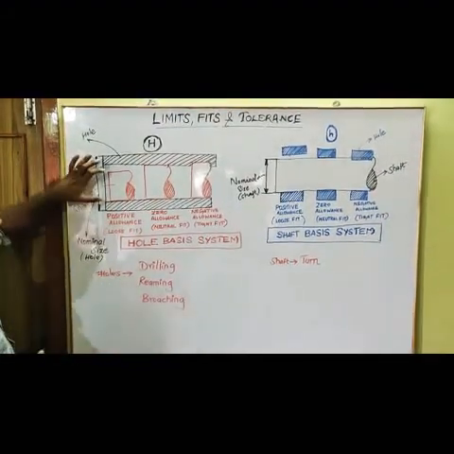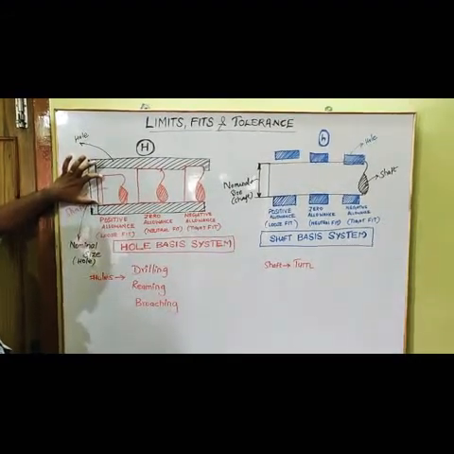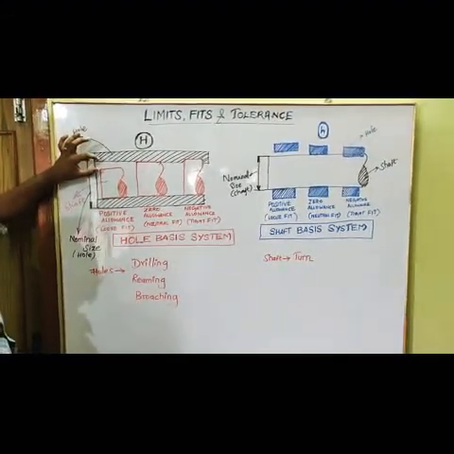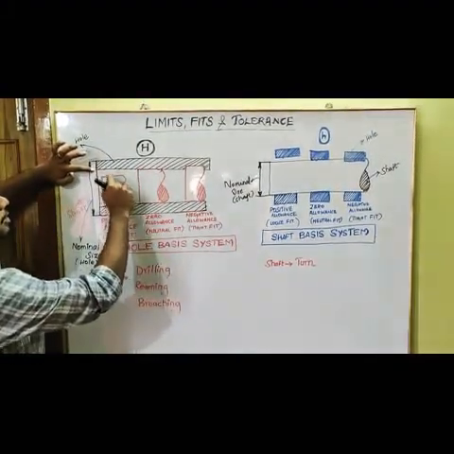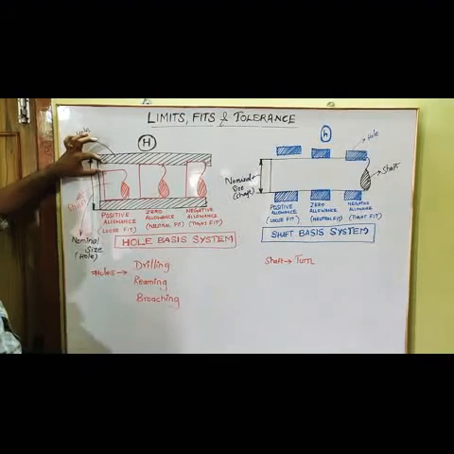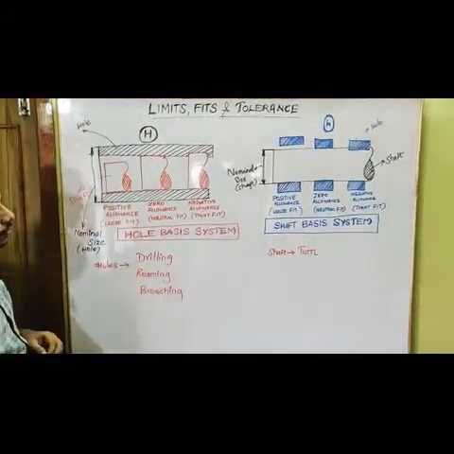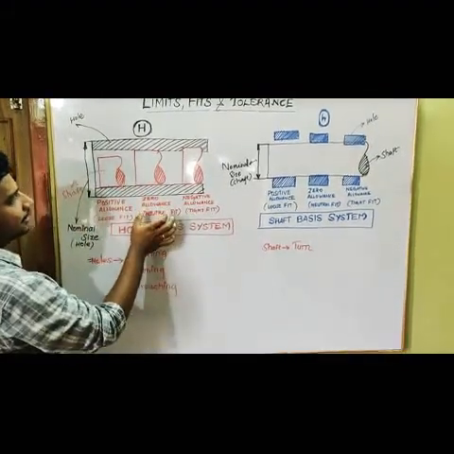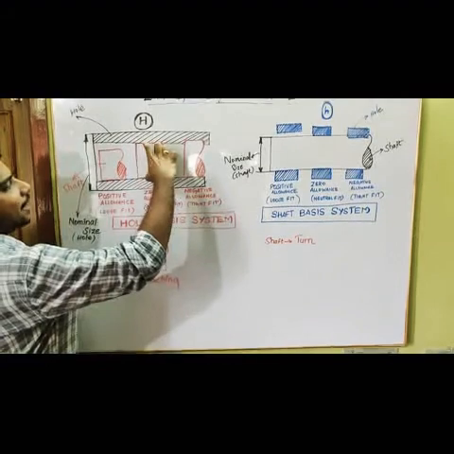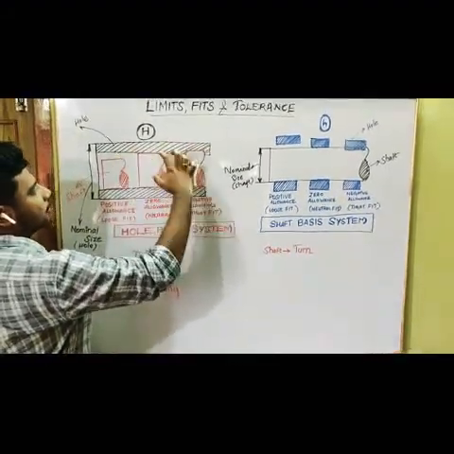The first one is the positive allowance, where you have a gap between the lower deviation of your hole and the upper deviation of your shaft. There is some positive gap, and that is called a loose fit. This is one kind of hole basis system. The second one is zero allowance, where the shaft diameter exactly matches the lower deviation of your hole.